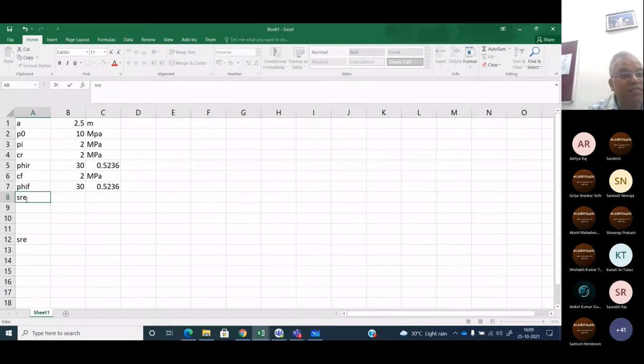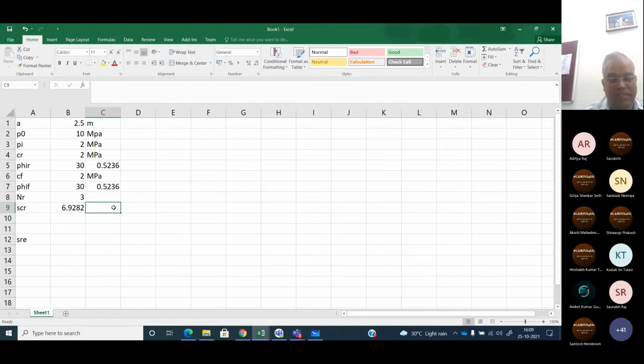Sigma R. For that I calculate NR. Two into CR into square root of NR.